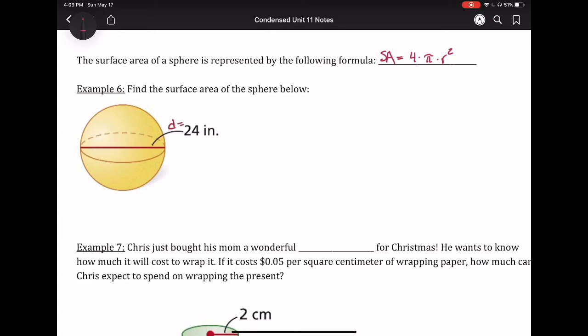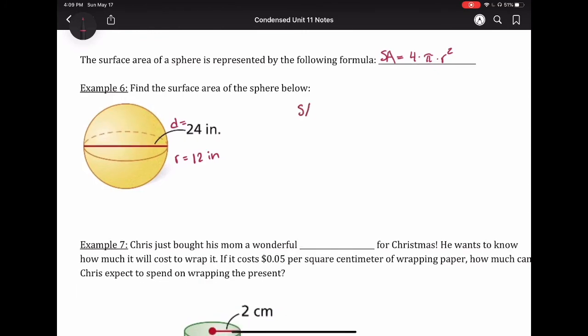I again need to find the radius. The radius, you simply divide the diameter by 2. 24 divided by 2 is equal to 12, so I know the radius is equal to 12 inches. Now that I have my radius, I'm going to plug it into my formula. So I have surface area is equal to 4 times pi times the radius of 12 squared. 12 squared is equal to 144.